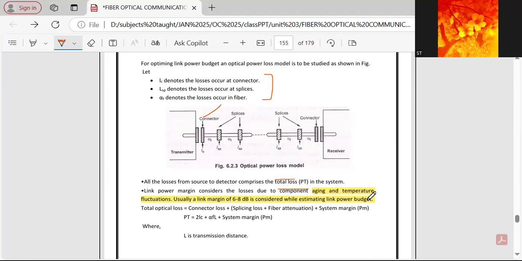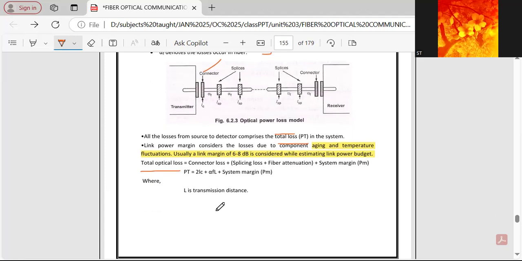The link power margin also considers the loss due to aging and temperature fluctuation. The total optical power loss is given by connector loss plus splicing loss plus fiber attenuation plus system margin. So connector loss is 2LC, since two connectors are there, plus splicing losses, fiber attenuation over L, and system margin.